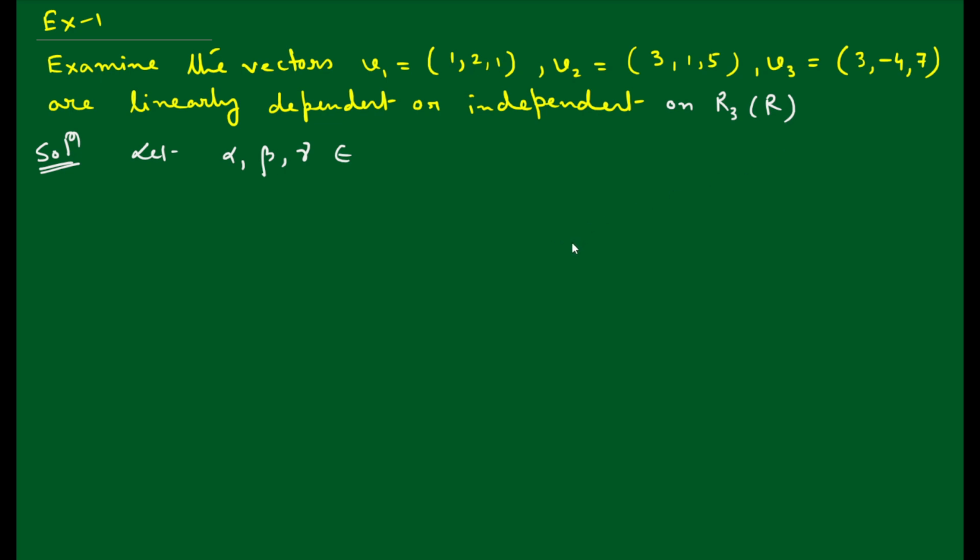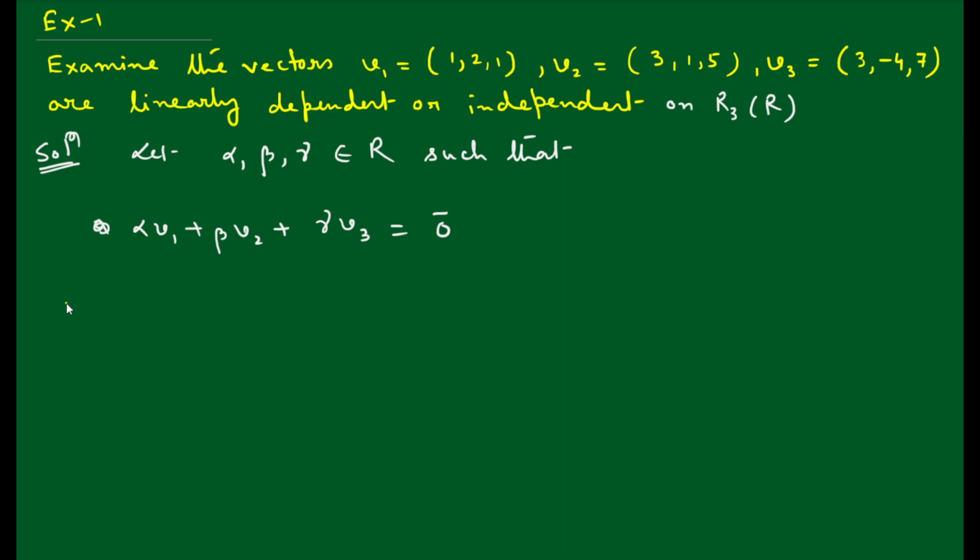R cube is three-dimensional. Sometimes 3 is in the power, sometimes in the suffix, but all are the same. So these are scalars such that, now what to do? We have to make a combination such that alpha v1 plus beta v2 plus gamma v3 is equal to, हमें क्या पकड़ना है, 0 bar.